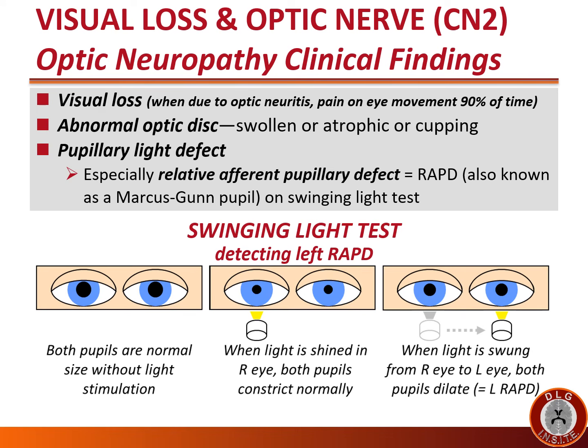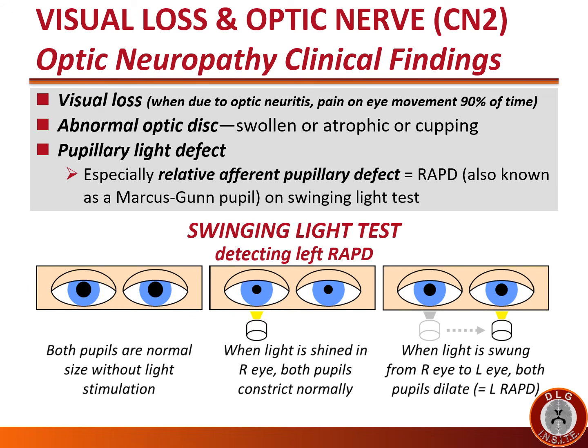Why? Because the left eye sensory input due to the optic nerve dysfunction is not normal. So neither eye knows there's light when you put the light into the left eye. This is called a left RAPD. R because it's relative.